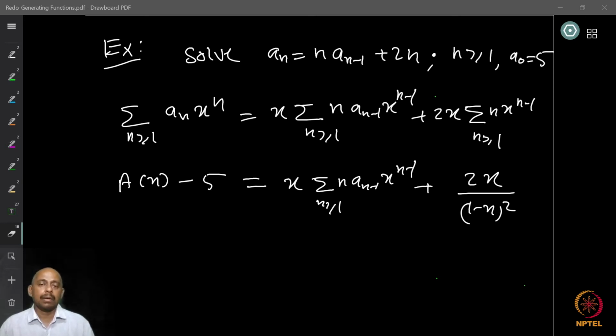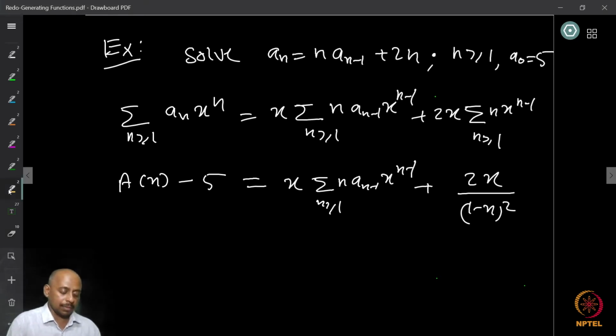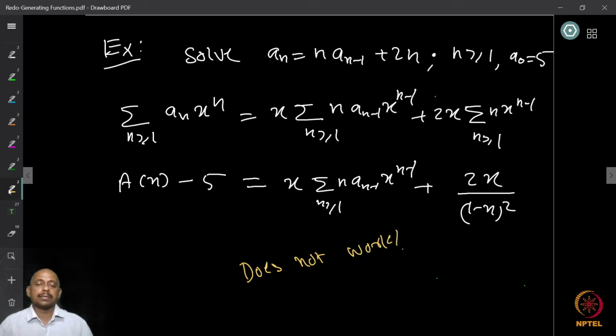So why did this not work? One can show that this method does not work to get a nice generating function.